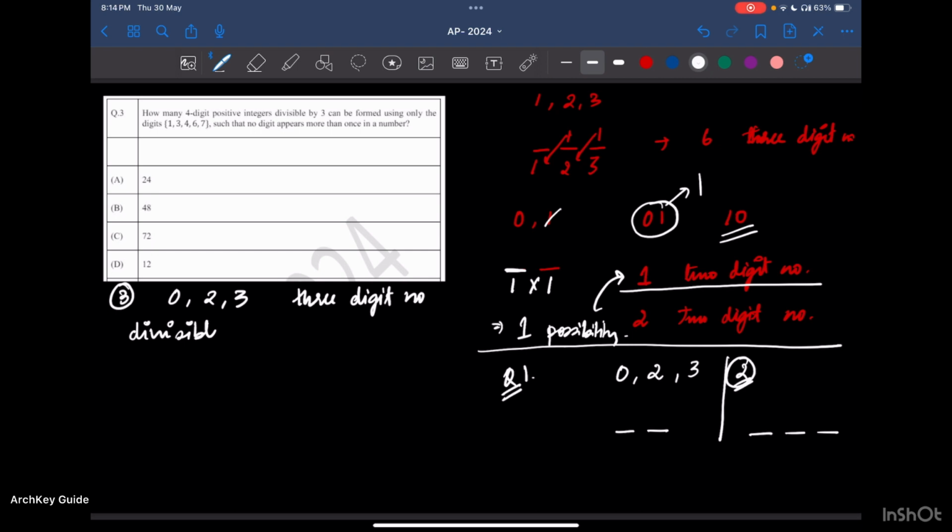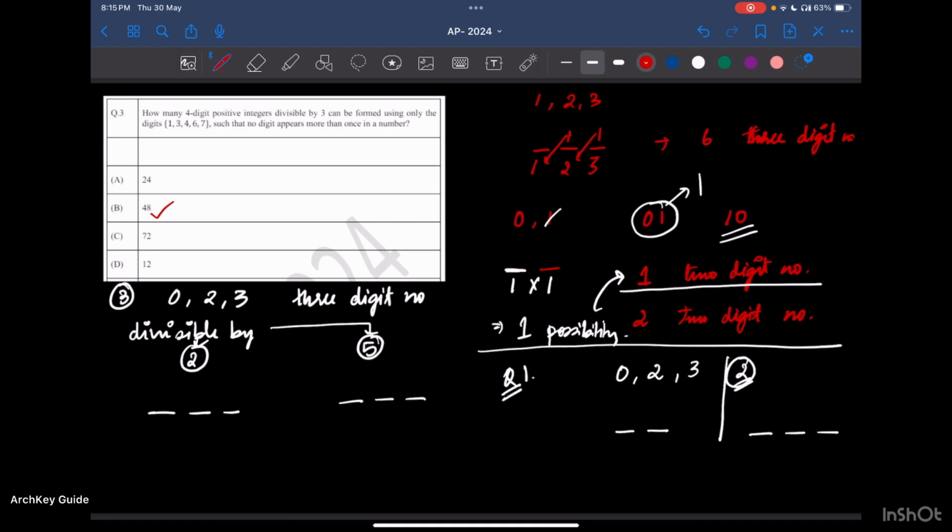Divisible by 2. Okay? 1, 2, 3. And divisible by 5. Let's see how many of you get it right. Okay? So this was the question from year 2024, question number 3. We had the answer 48.